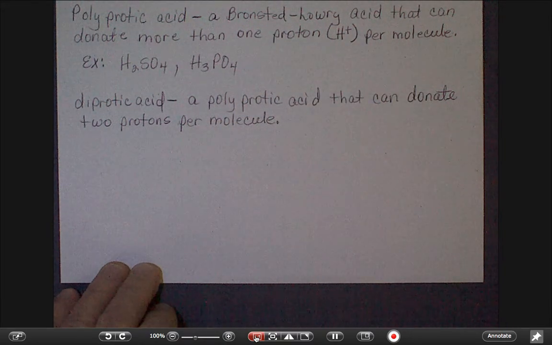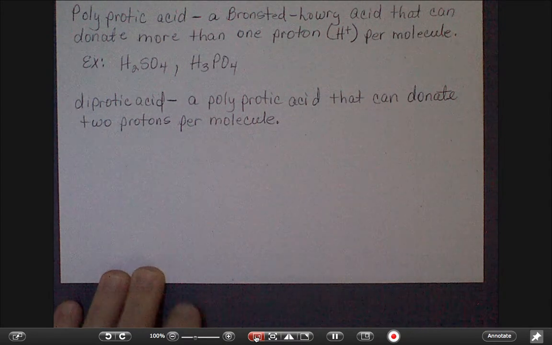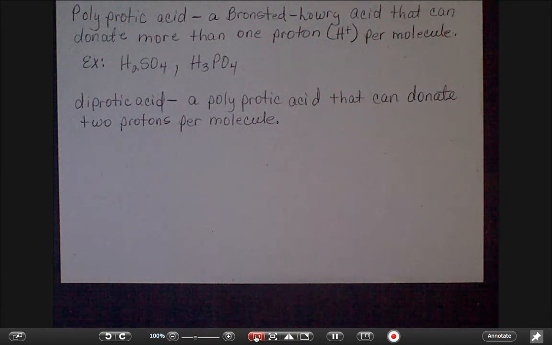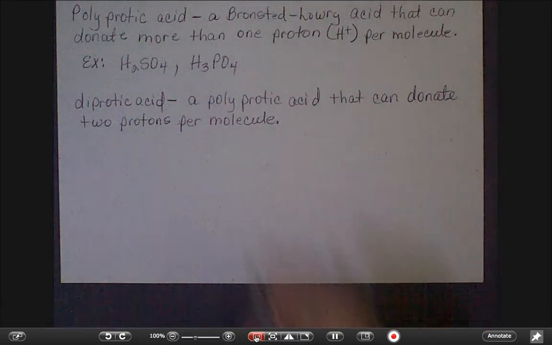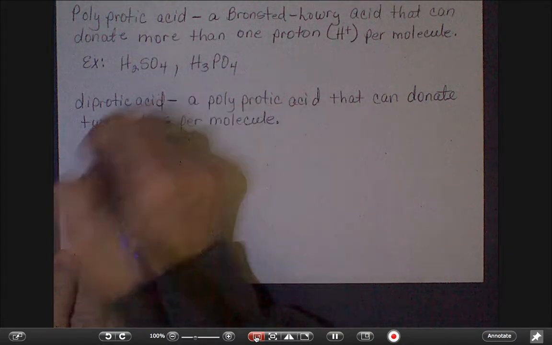What does the prefix di mean? 2. Hence why they can donate how many hydrogens? 2. Alright, example.